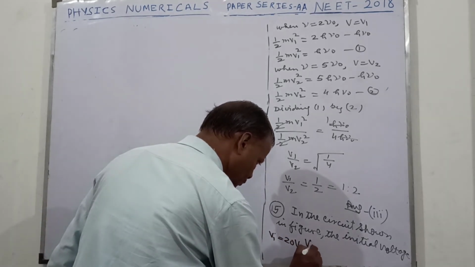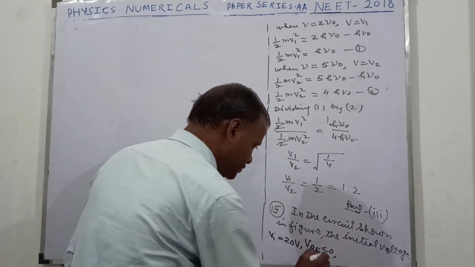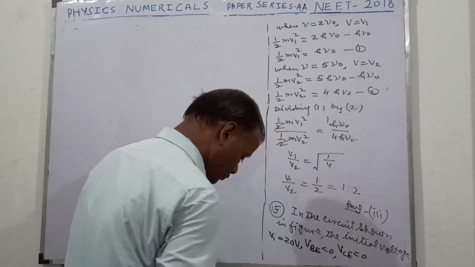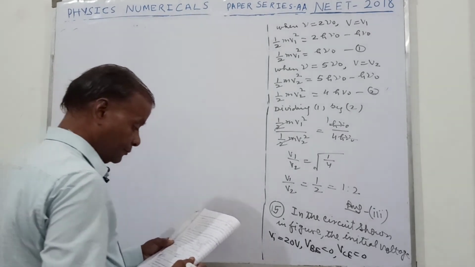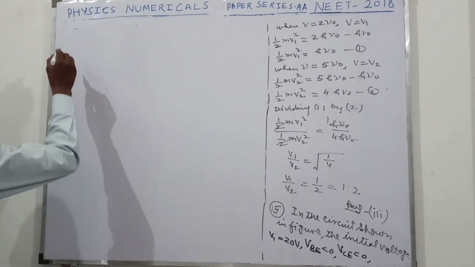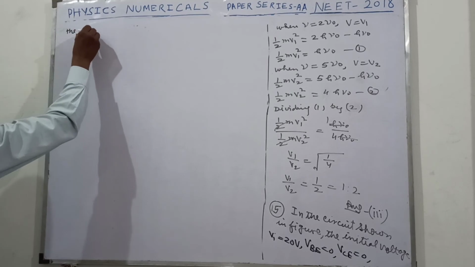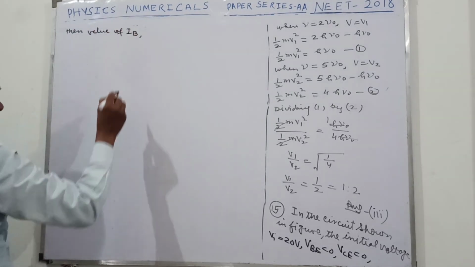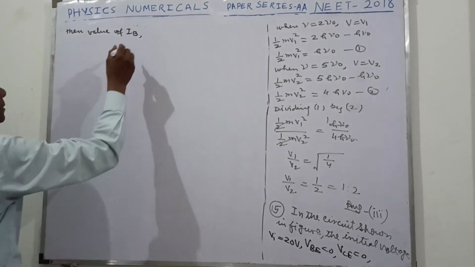VBE equal to 0, and VCE equal to 0. Then find the value of IB, IC and beta.